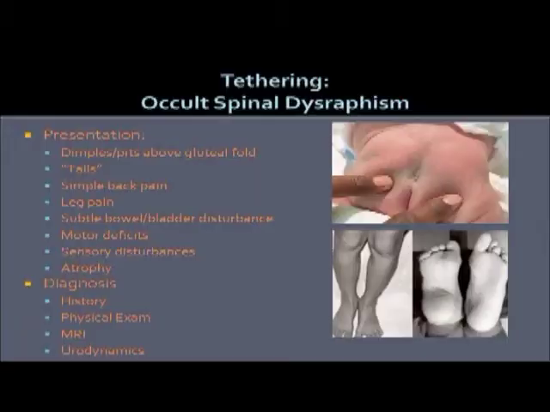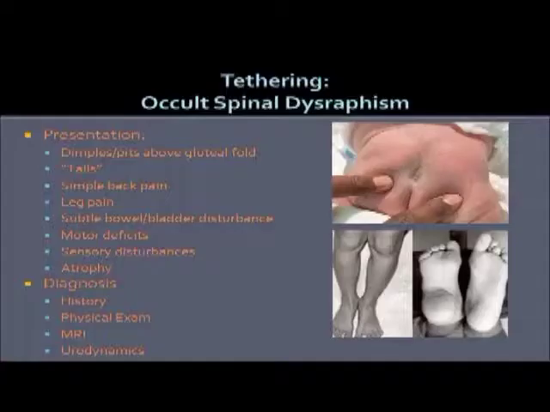So what is tethering? Oftentimes when we're looking for tethering just in the general neurosurgery setting, we're looking for various things on the physical exam. We're looking for odd dimpling around the gluteal fold, what people sometimes call tails or little appendages that can be there. Back pain is a common finding.